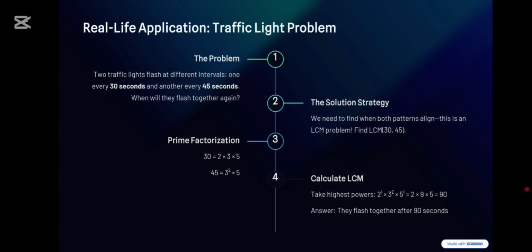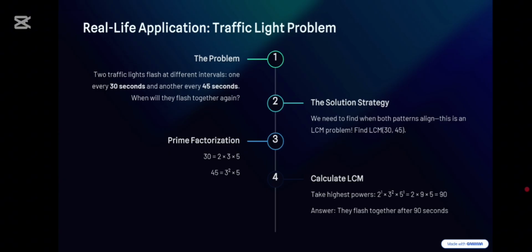The multiples of 30, or the numbers where 30 can go into: 30 can go into 30, 30 can go into 60, 30 can go into 90, and so on. They won't end. Then we also have 45. 45 can go into 90.